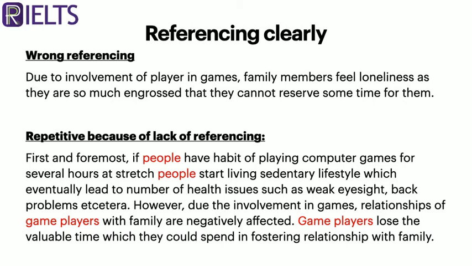It is totally unclear. The first 'they' in the second line, is it for the players or is it for the family members? In the same way, the second 'they' in the second line, can you guess, is it for a player or for the family members? You cannot guess because I have used wrong referencing here. I should have used a name such as family member or player instead, right? So it is wrong referencing.